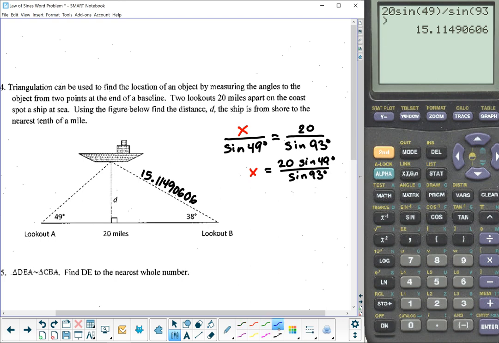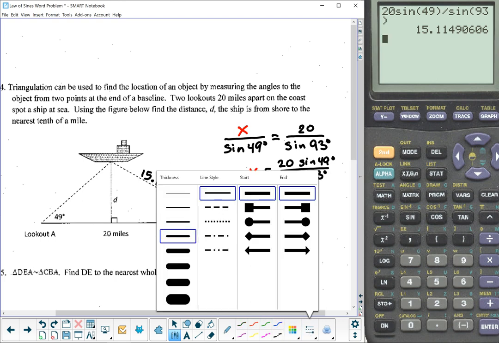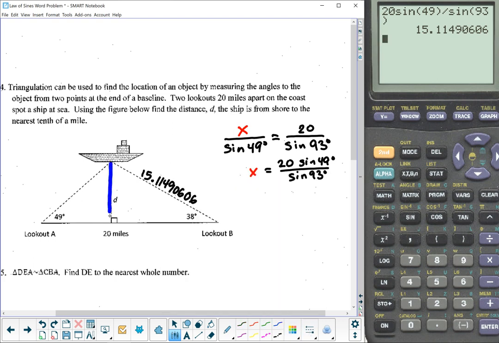Okay, and now I can go ahead and focus my attention on this one. And I know that this is my D right here. And because this is a 90 degree angle, I don't need to mess with the X and the 20 minus X, just how much each individual piece is, right?